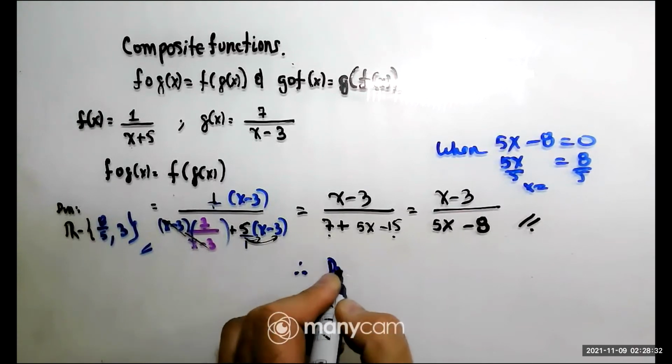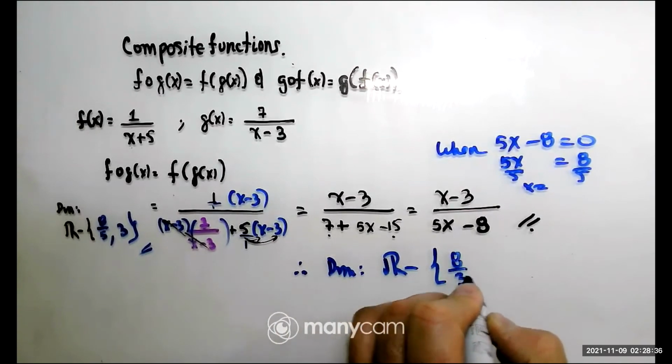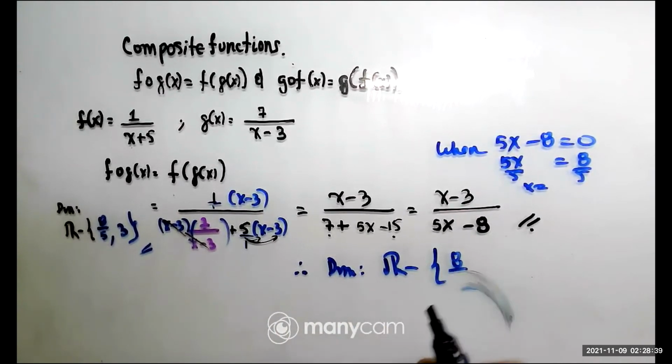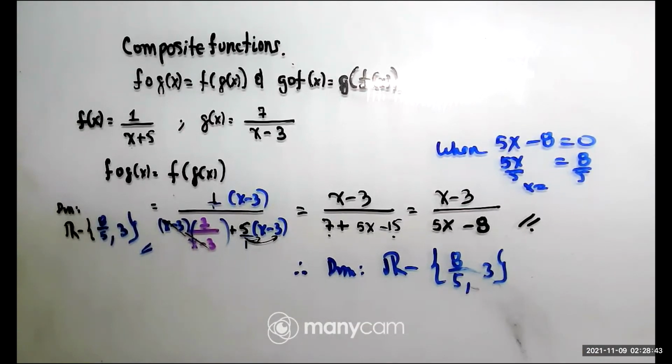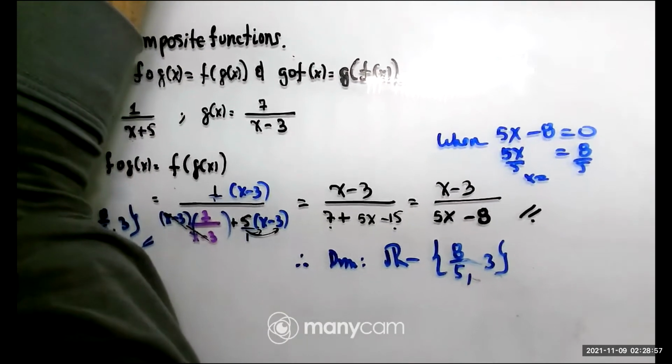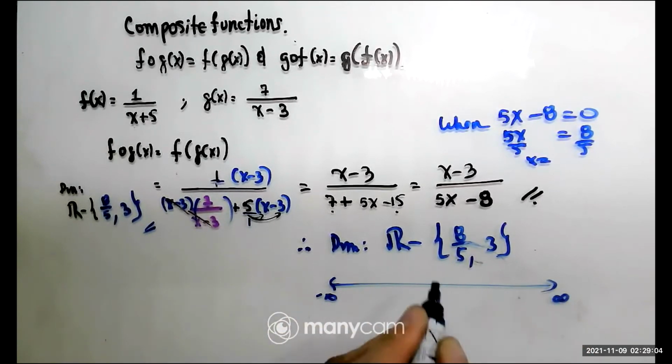So therefore, the domain is all real numbers except 8 over 5, not 3 over 5, 8 over 5, and 3. If we need to input this in interval notation, remember, how do I write this in interval notation? Of course, we have the real line from negative infinity to infinity.